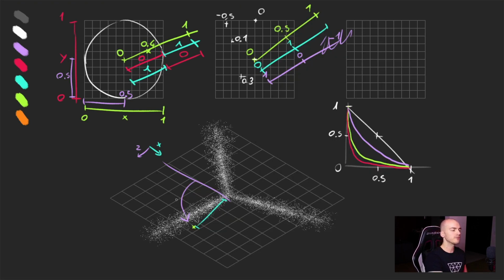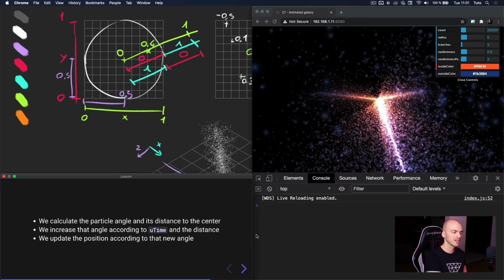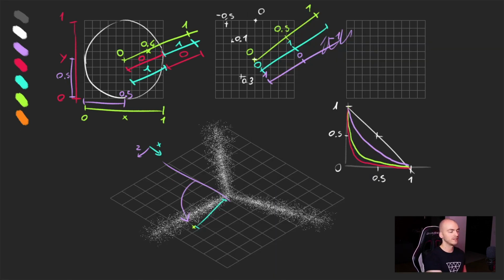We're going to increase that angle, meaning that we want the particles to spin. So this angle, this arrow here, we are going to increase it. And the question is, how much? Well, we're going to increase it depending on the uTime and the distance. At the beginning, every particle will be at its initial position. And the more the time passes, so the bigger the uTime, the more the particle will rotate.